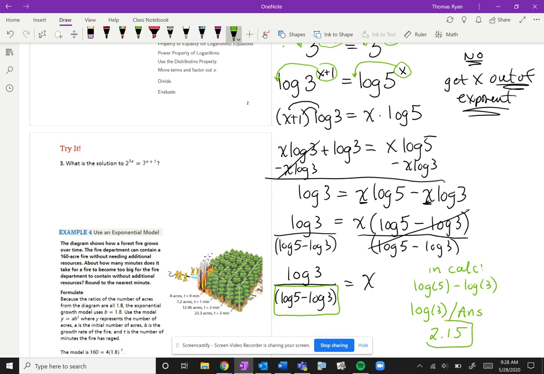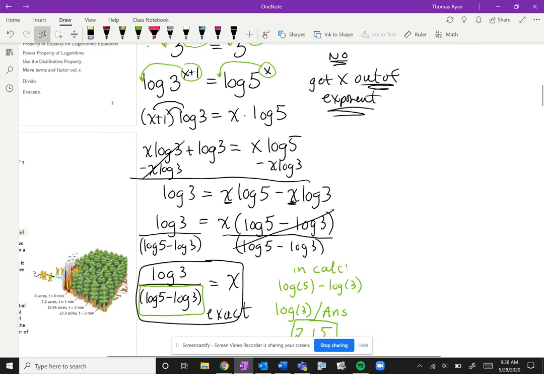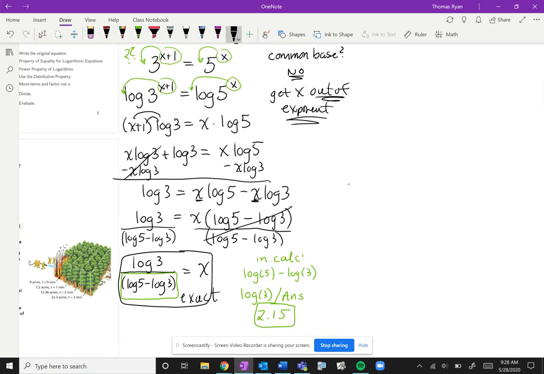We'll go with 2.15. But I like to get at least some approximate answer, because then at least we can check it. You can leave your answer in exact terms if the problem asks for it. This would be exact. But let's check 2.15.